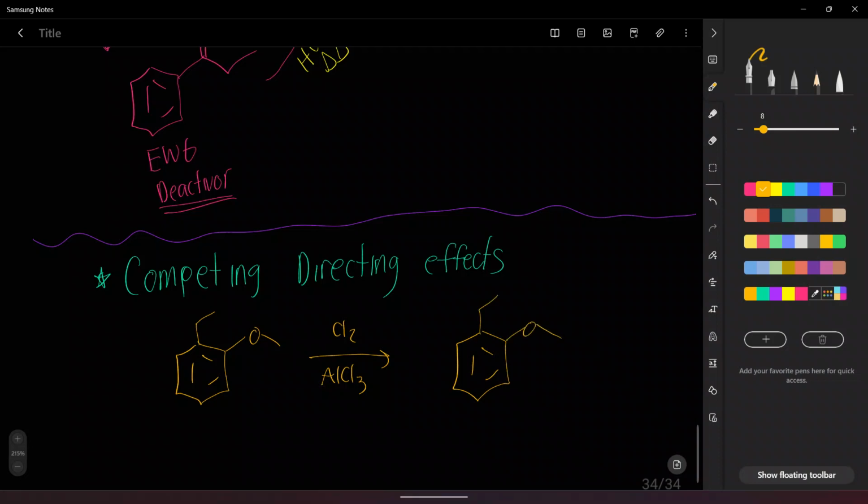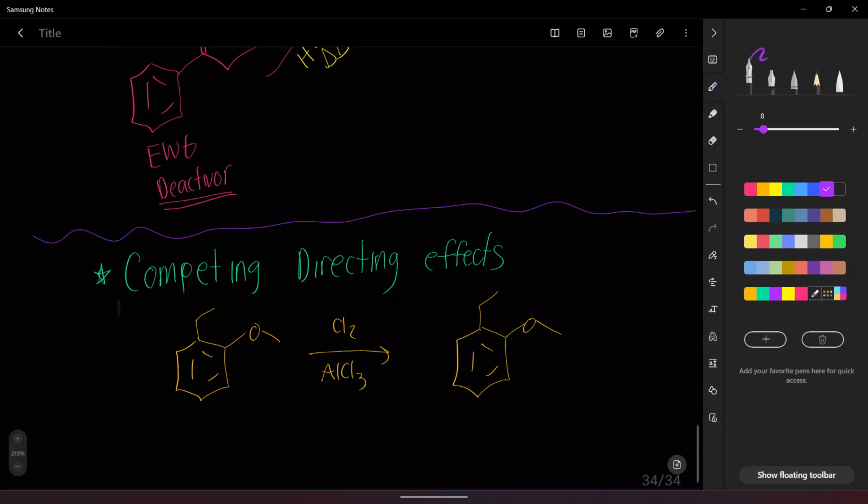So we have to think, should we put, if you look at this, right, both of the groups on the ring are ortho-para directors, okay? But the problem is that the ortho-para for the ethyl group, which I'll put in purple, is going to be right here. The oxygen is already on the other ortho position. So right here. So the purple is going to be where the ethyl group is directing.